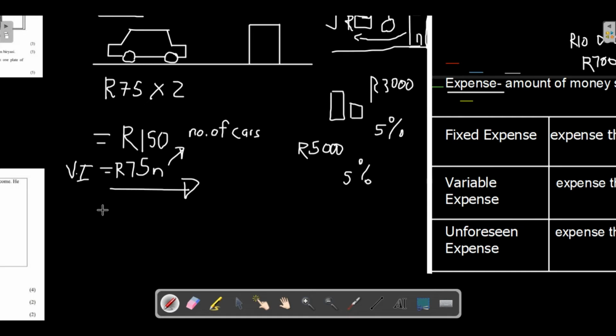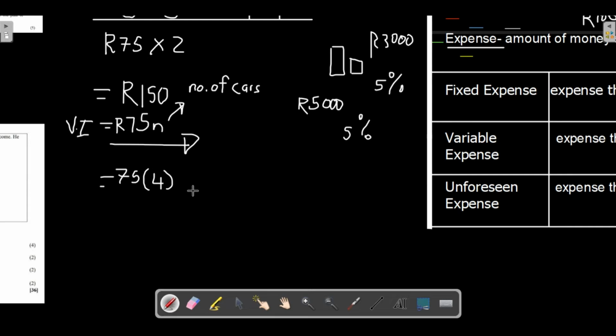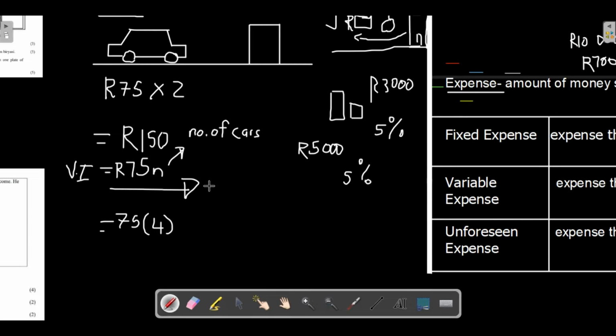If I've washed 4 cars, then I use my formula and substitute in 4, so it will be 75 times 4. It will give me a different income that particular month. If in that particular month I've washed 10, then you put in 10 there, and then you get your variable income.